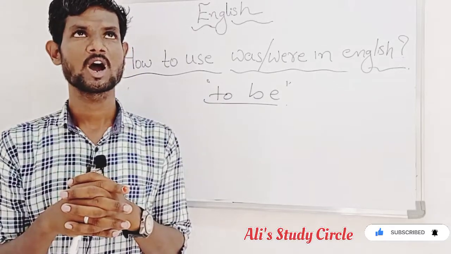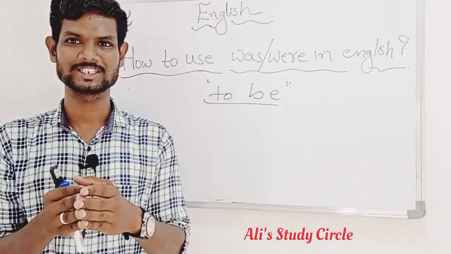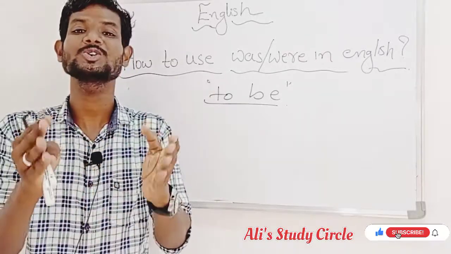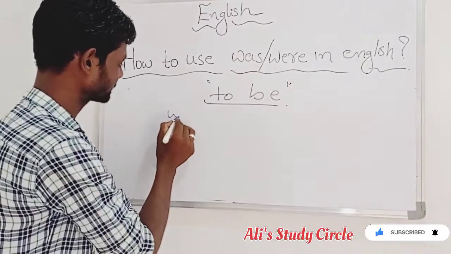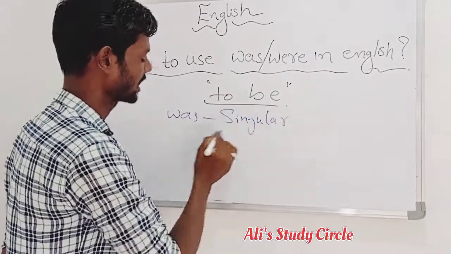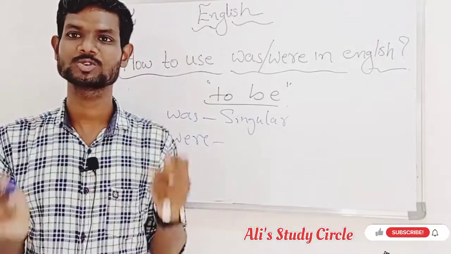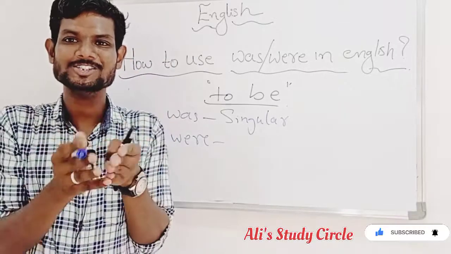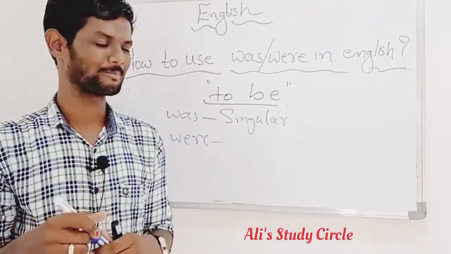Commonly, we use the helping verb or auxiliary verb was in the past tense, and also in a singular form. We have to use was with a singular subject, and were is used for plural form.